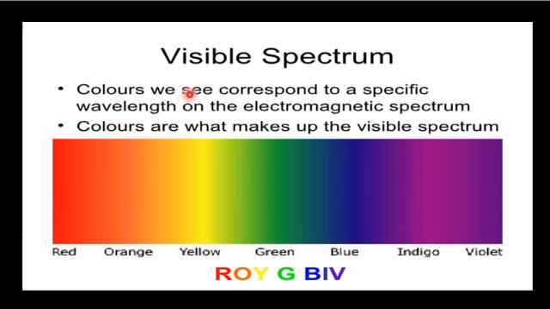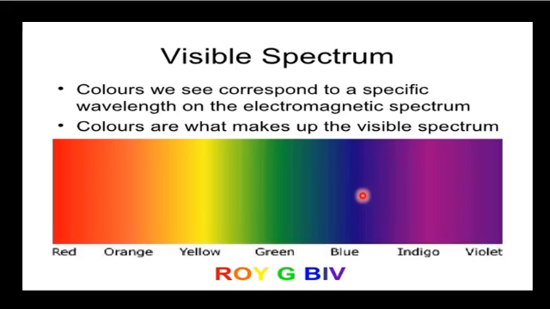Colors we see correspond to specific wavelengths on the electromagnetic spectrum. Colors are what make up the visible spectrum. These 7 colors make up the visible spectrum: red, orange, yellow, green, blue, indigo, violet.